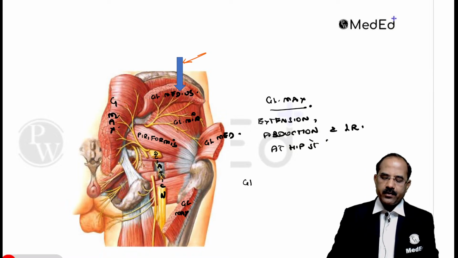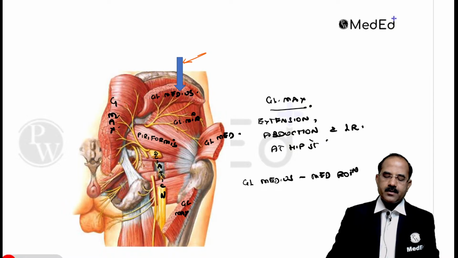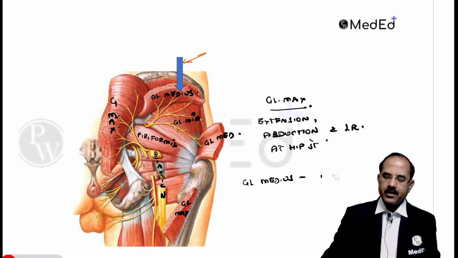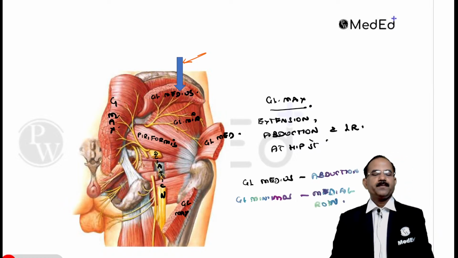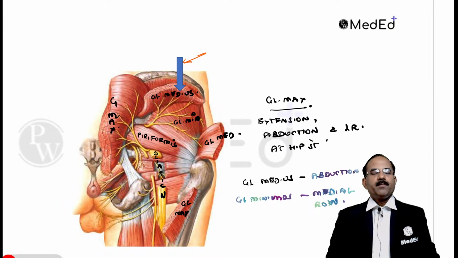And what is the action of gluteus medius? Gluteus medius does abduction. Remember this, children, this is very important. Gluteus medius does abduction and gluteus minimus does medial rotation. Just remember this.